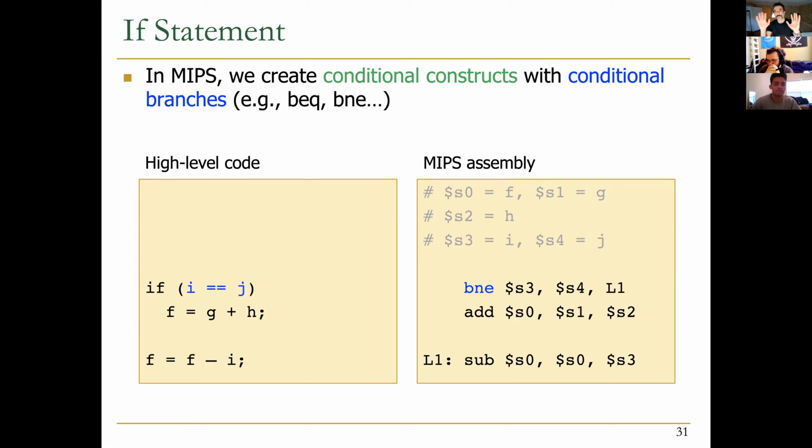Let me ask this question. What are these labels? Can you remind us what these labels are, essentially? Go-to statements, basically. Can you elaborate a little bit more? Well, this is branch not equal. If they are equal, then you execute the command below. If they aren't equal, then you go to that alias of L1, which is referring to that subline.